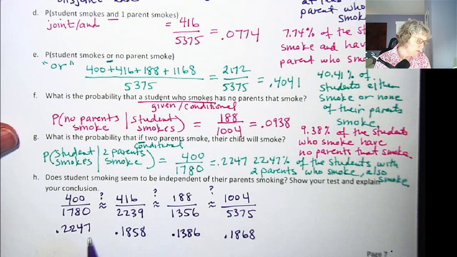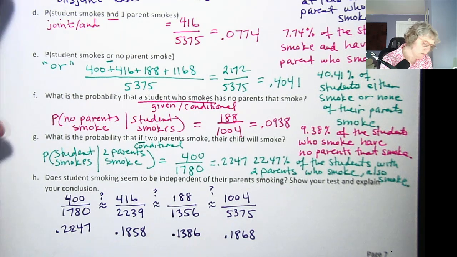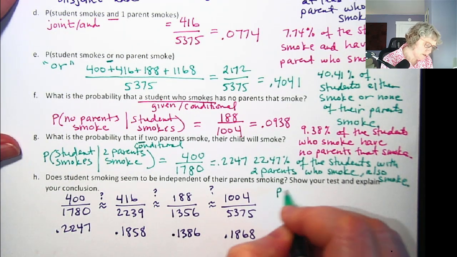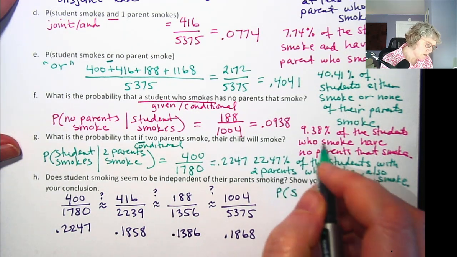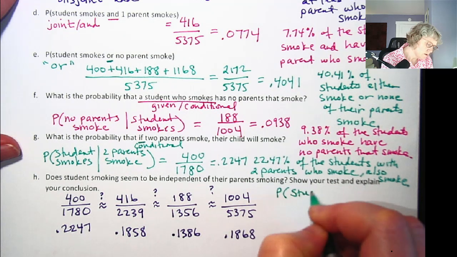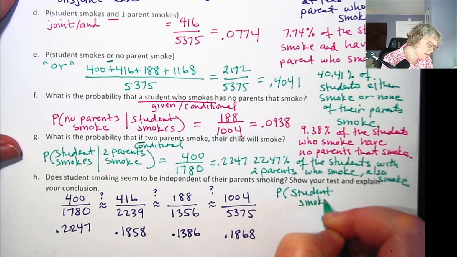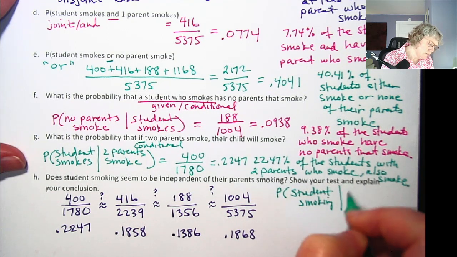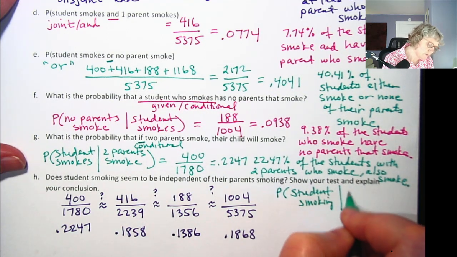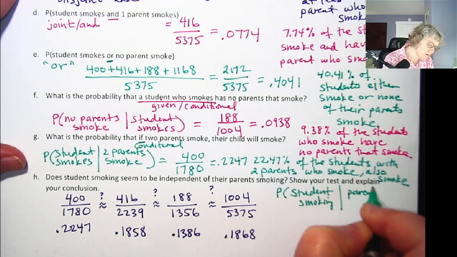So remember, we looked at the student smoking. So if we're going to write this out in the symbols, we could say this is the probability of a student smoking given, we're looking at the different possibilities of their parents smoking.